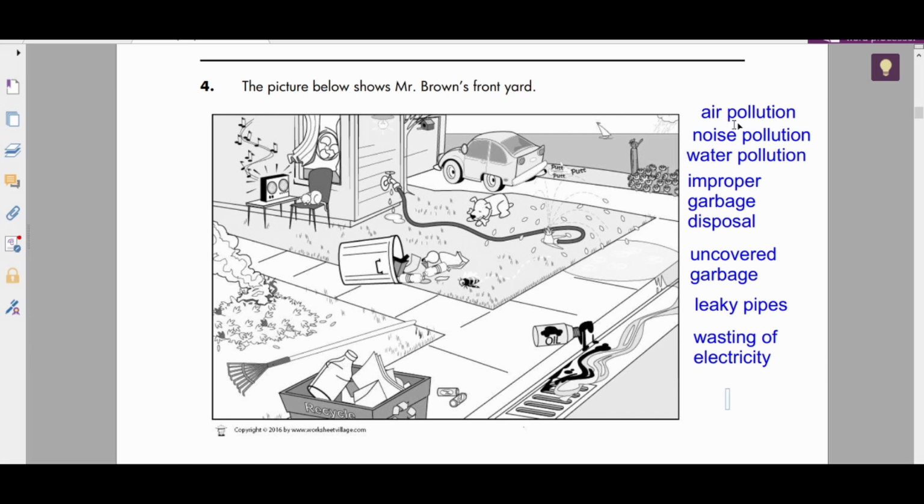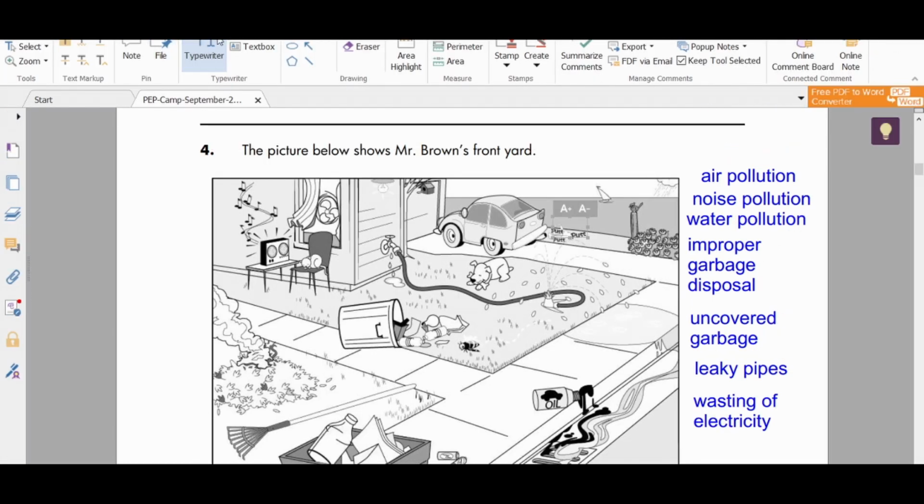So I can see air pollution in the car here. The older the car is, the more carbon monoxide and harmful gases are released into the atmosphere.